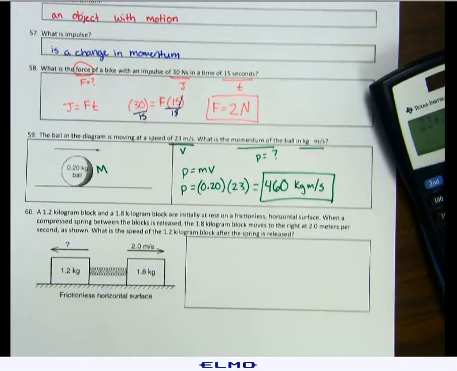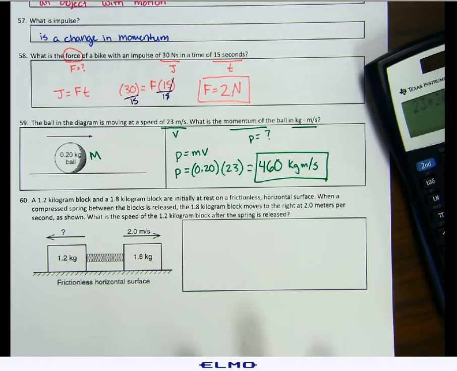Number 60. A 1.2 kilogram block and a 1.8 kilogram block are initially at rest on a frictionless horizontal surface. When a compressed spring between the blocks is released, the 1.8 kilogram block moves to the right at 2 meters per second as shown. What is the speed of the 1.2 kilogram block after the spring is released?